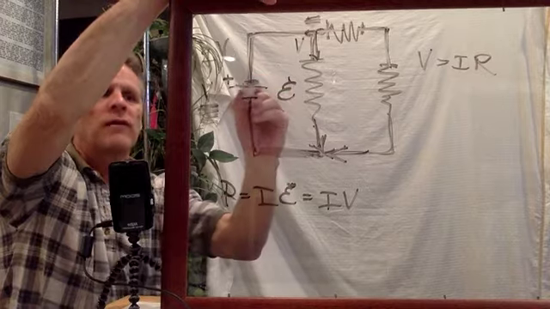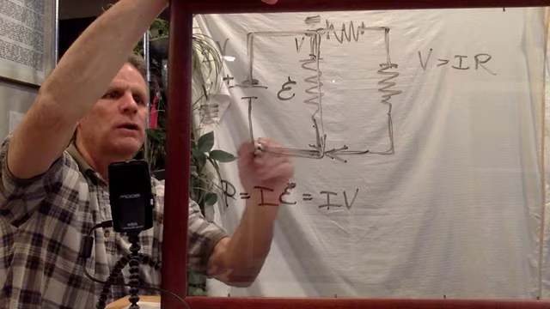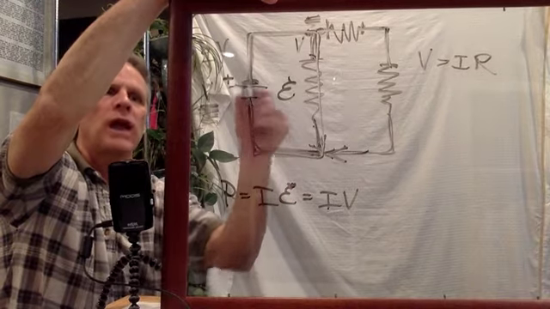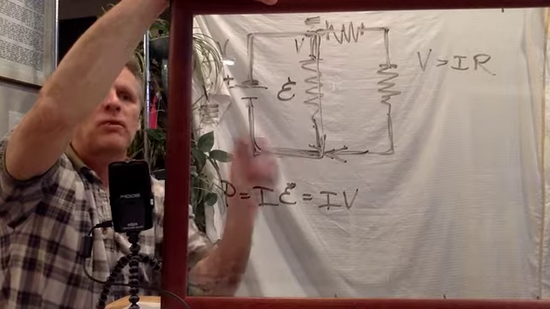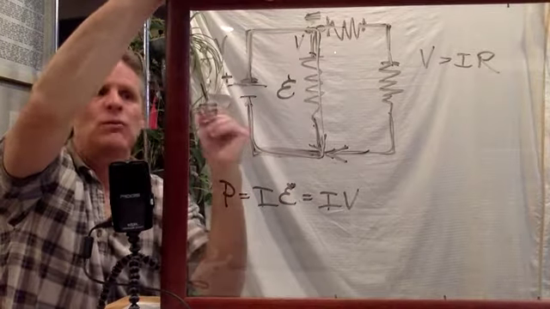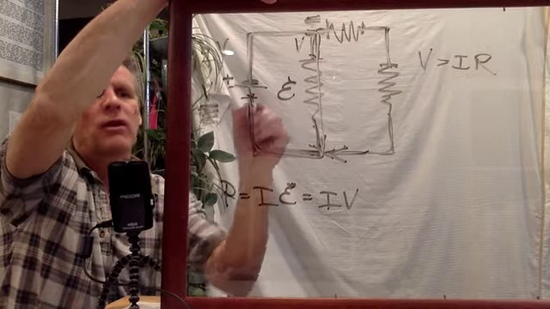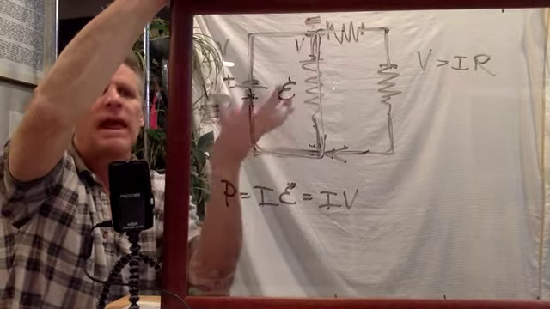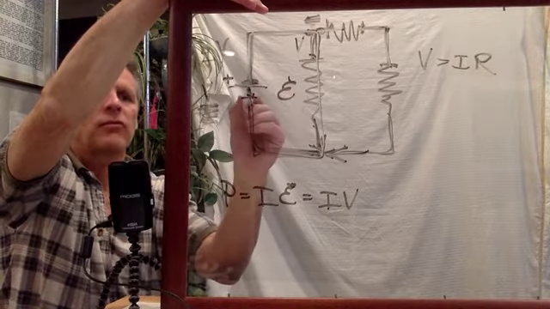Which means if I start here and I go all the way here, back to here, I'm going to have a certain potential difference as I go through there. That potential difference must equal the potential difference that happens if I go in this direction. Actually, it must be the negative of it. So yeah, I think that makes sense to you all.